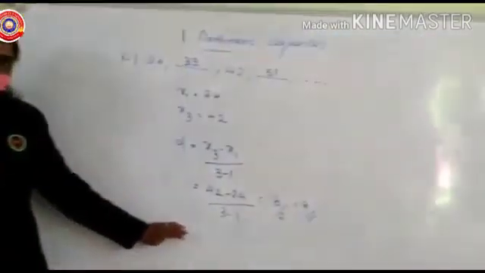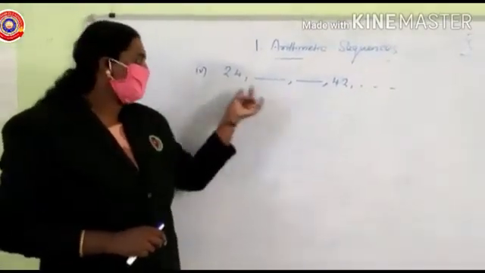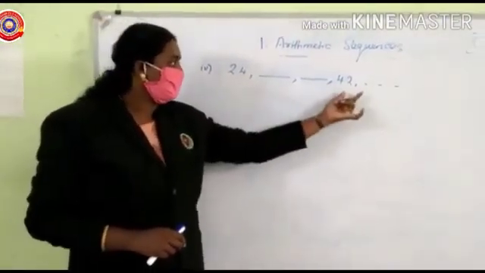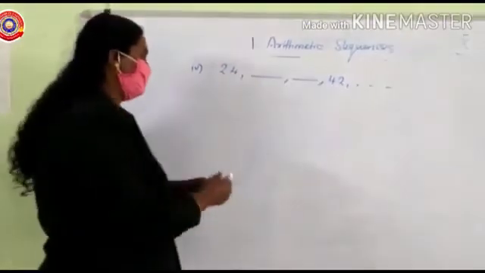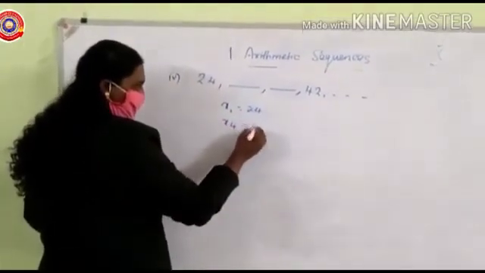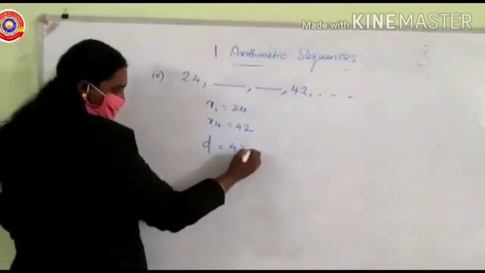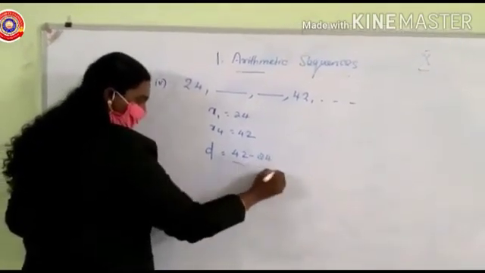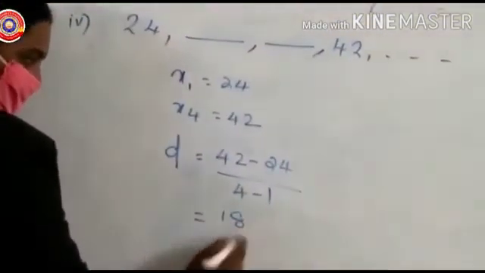Okay. Move to the next question. Here the second term and third term are missing. We have to find them. The first term and fourth term are given. So using the formula, we have to calculate the common difference first. Common difference d equal to 42 minus 24 divided by position difference. That means 4 minus 1.